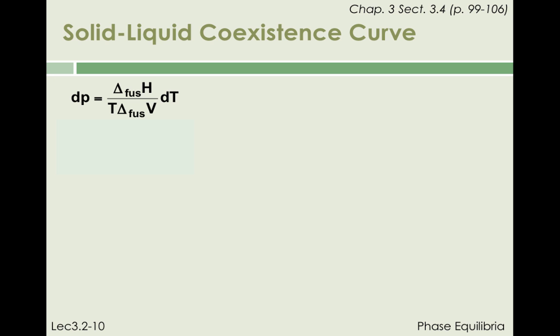For the solid-liquid equilibrium, no such approximation can be made, and the molar volumes for the liquid and solid phases will need to be calculated from the respective densities and molar mass, which of course we can find in the literature.